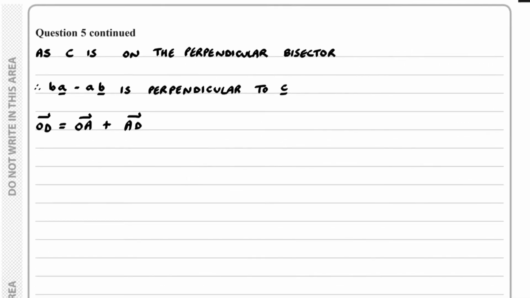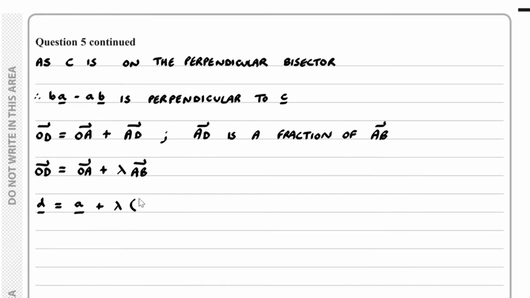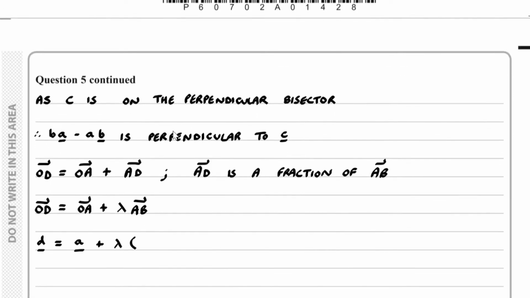So AD is a fraction of AB, which means that OD is equal to OA plus some fraction lambda of AB. So we have d equals a plus lambda multiplied by, now AB, if we go to our diagram, that's equal to minus a plus b, or b minus a.